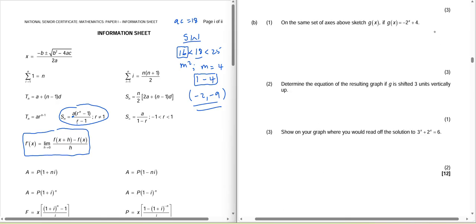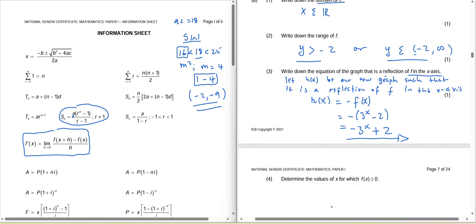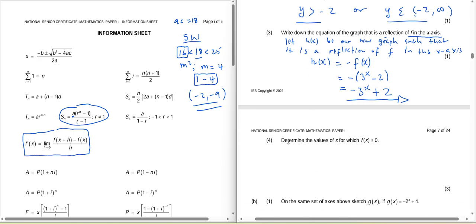And then the second question is asking, determine the values of x for which f of x is greater than or equal to 0. We said our f of x is 3 to the power of x minus 2, greater than or equal to 0. For which values of x will f of x be greater than or equal to 0?